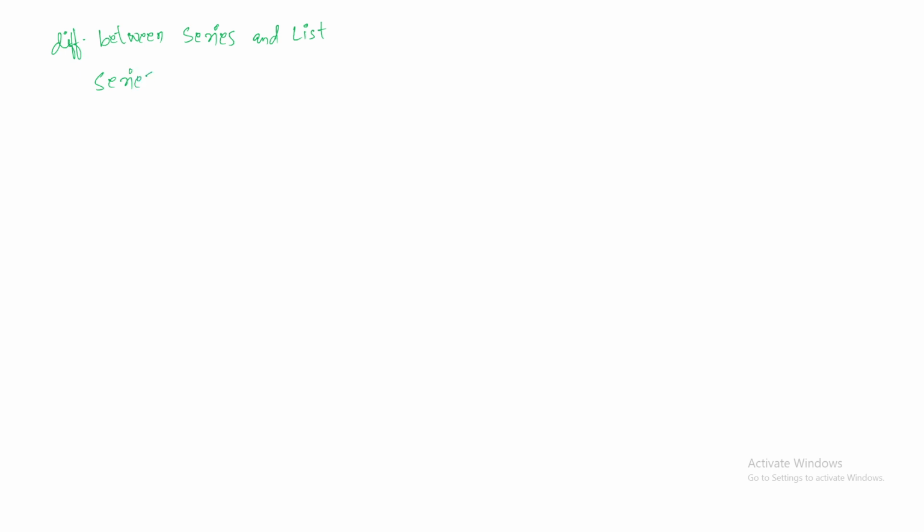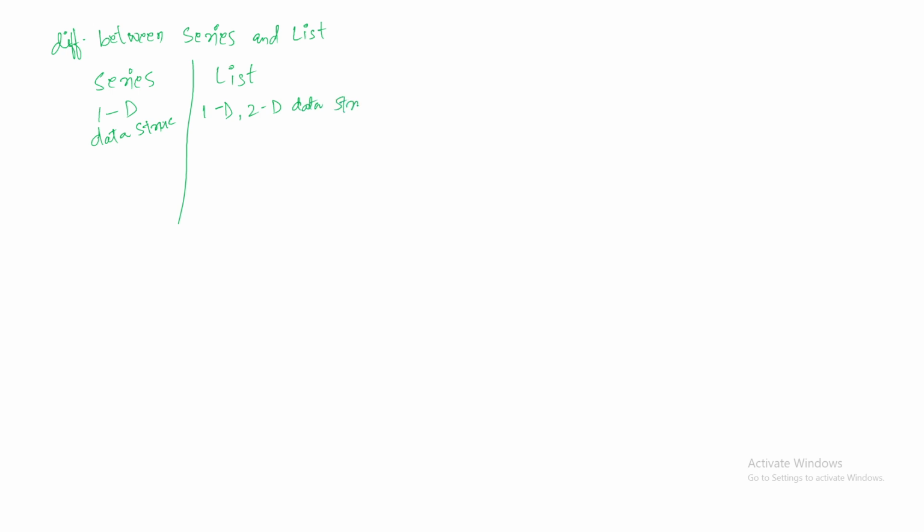So this is series, another one is list. Clear? Series is which type? You know that, a 1D data structure. List is 1D and 2D data structure.